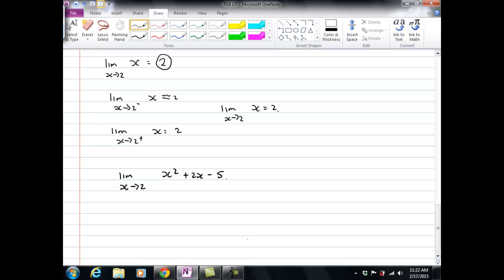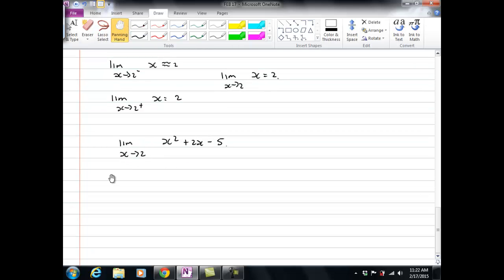I can waste 2 minutes of my life and go limit as x approaches 2 from the left, limit as x approaches 2 from the right. But do I really want to do that? Why don't I just go ahead and sub in 2? Okay, go ahead, sub it in. So you go 2 squared plus 2 times 2 minus 5. Well, that's simply 3. Easy.